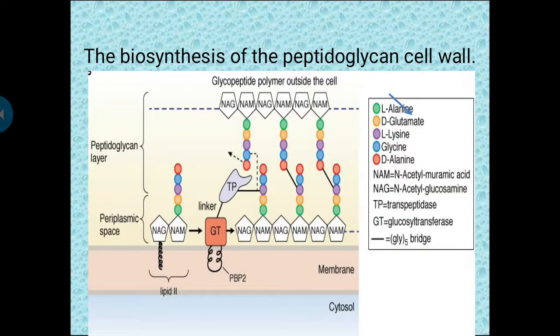Next, we have discussed N-acetylglucosamine and N-acetylmuramic acid. The enzyme transpeptidase cleaves the terminal alanine of the five-membered amino acid structure. And glucosyl transferase, or transglycosylase, is the enzyme which makes the cross-link within the layer, and the transpeptidase enzyme makes the cross-link between the layers.